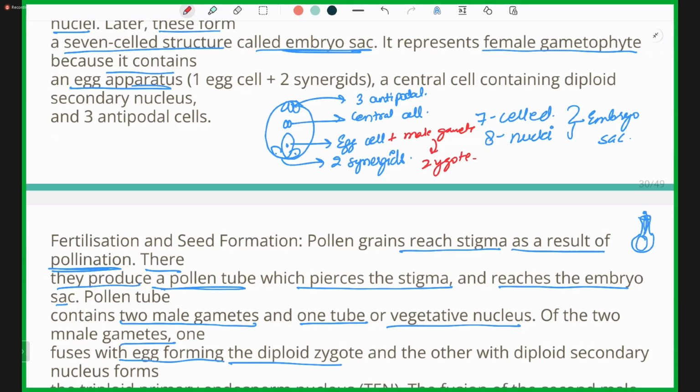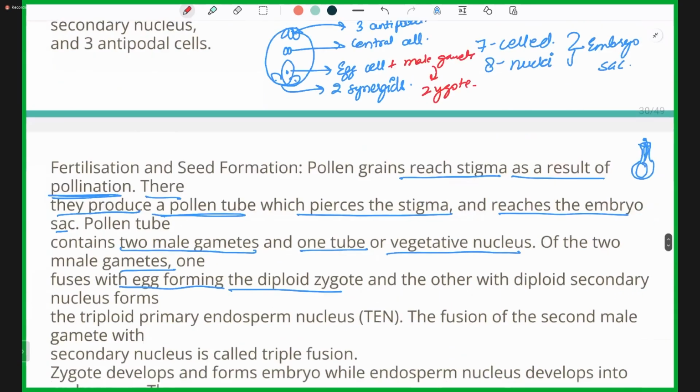And when the central cell fuses with the other male gamete, it gives rise to an endosperm. And this endosperm is actually made of 3N type of cells. The cells present in it have 3N.